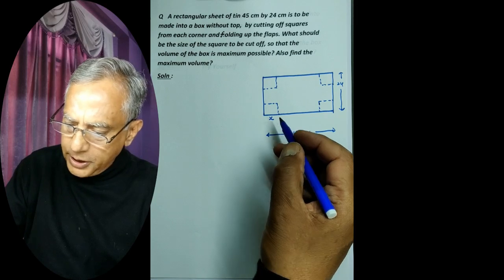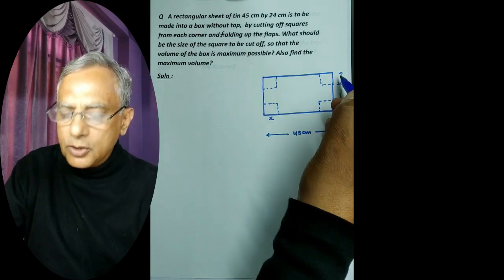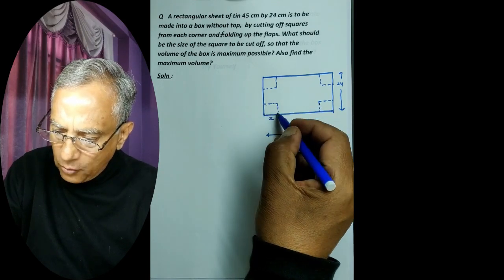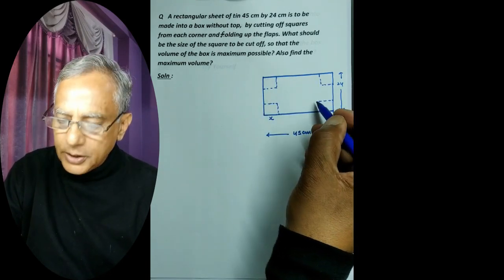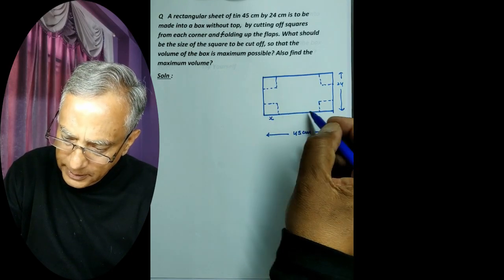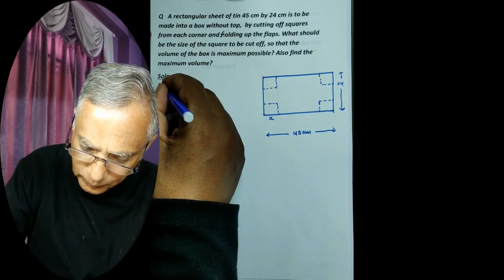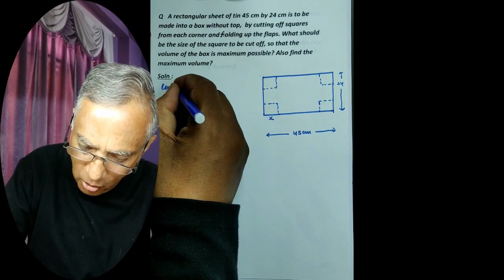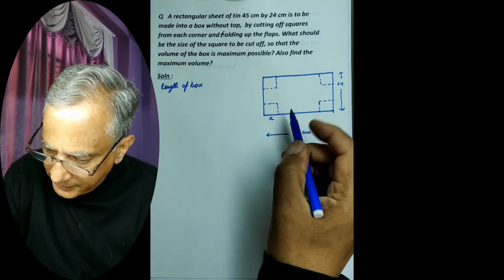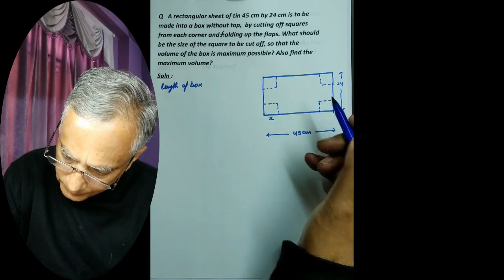We have a rectangular sheet of tin whose length is 45 centimeters and width is 24 centimeters. We are cutting a square from each of the 4 corners. So length of the flap, this flap will be length of box. Length of the box will be this much and width of the box will be this much.